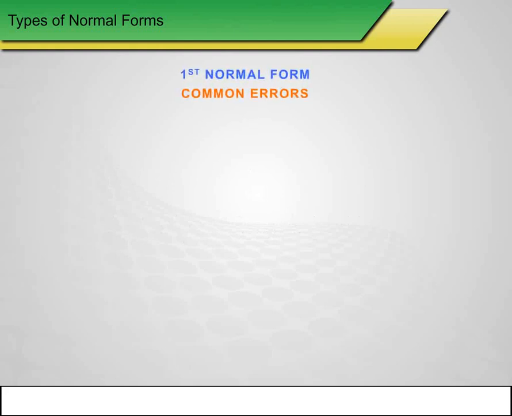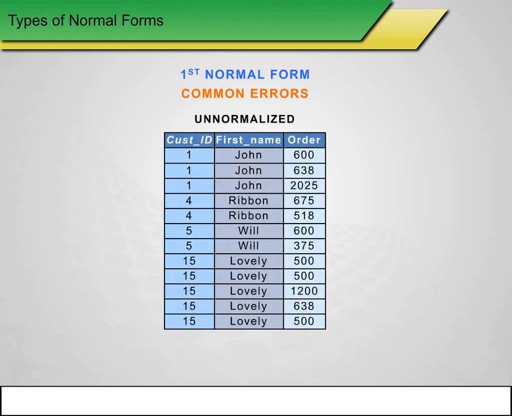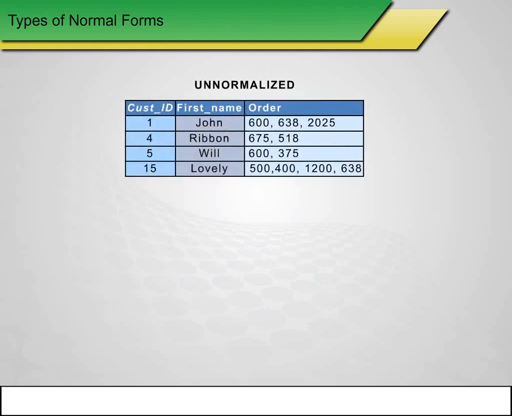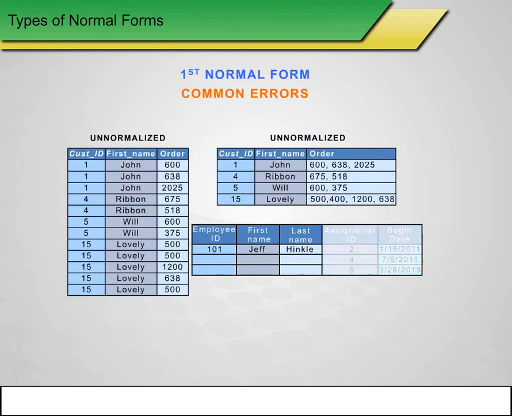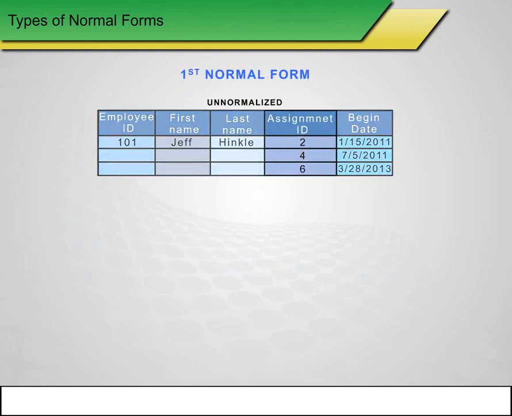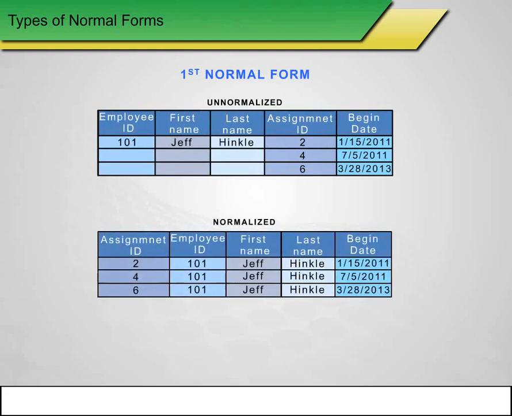First normal form, common errors: unnormalized, then normalized.